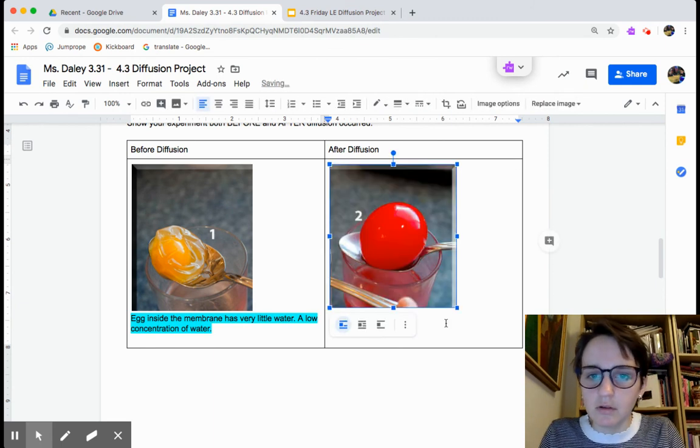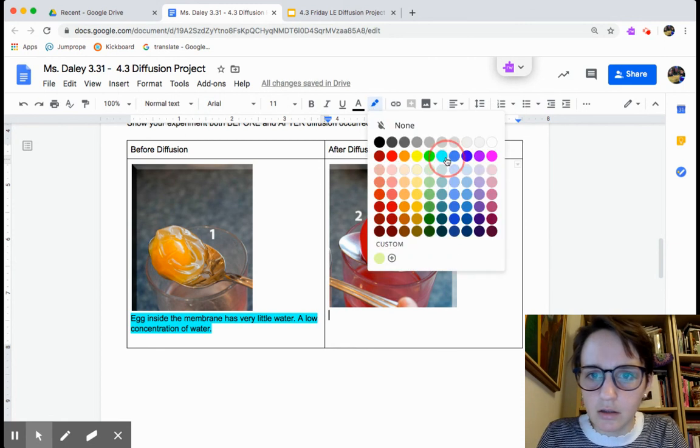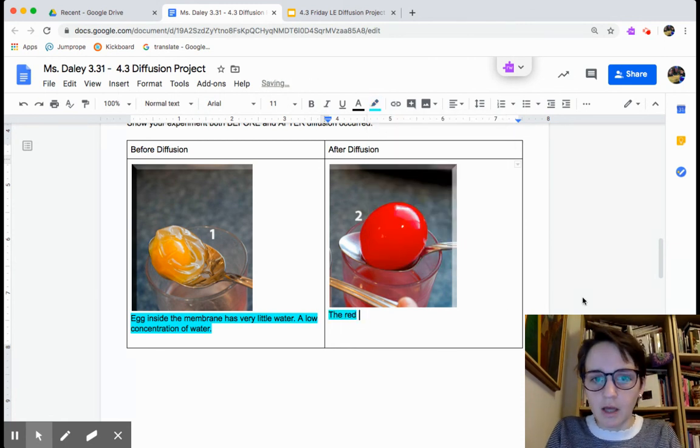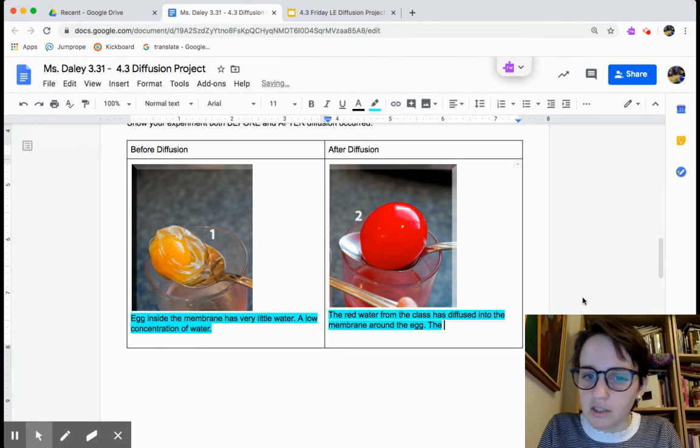Oops. Let's go back here and explain the red water from the glass has diffused into the membrane around the egg. The water, let's see.